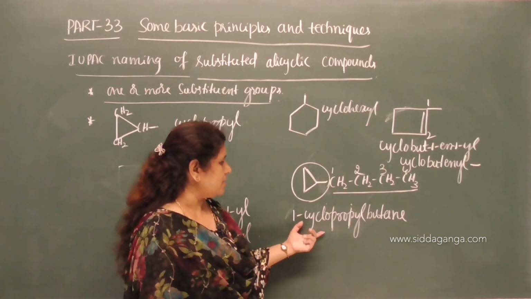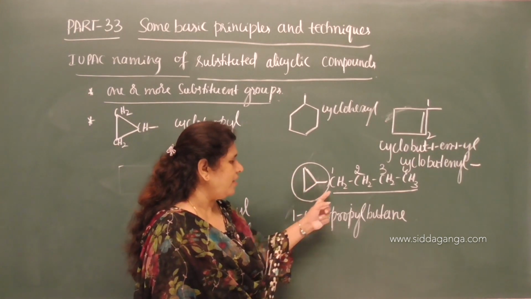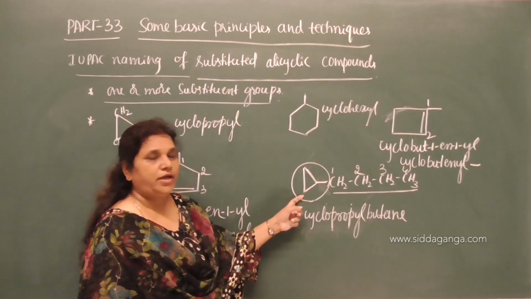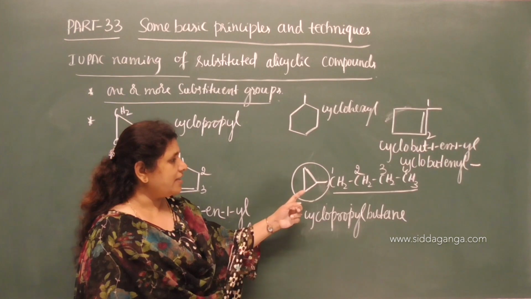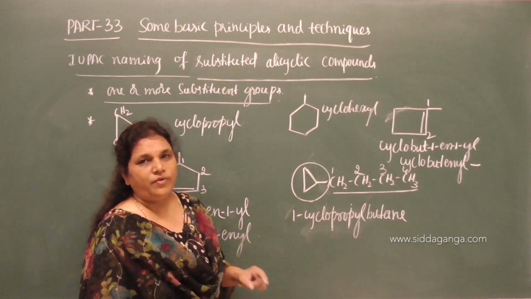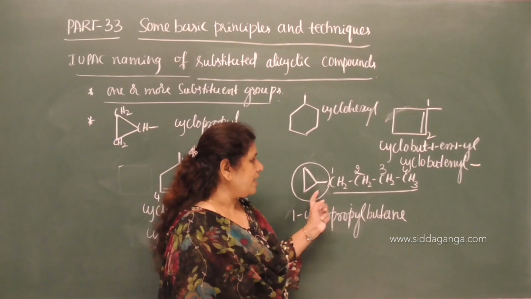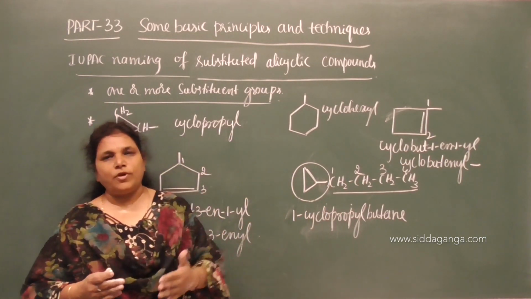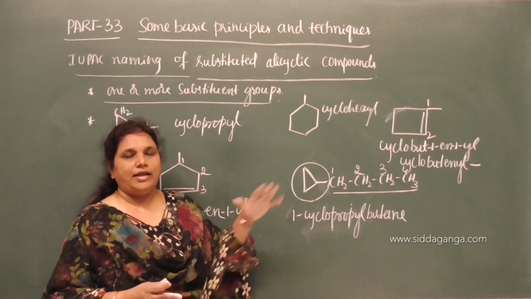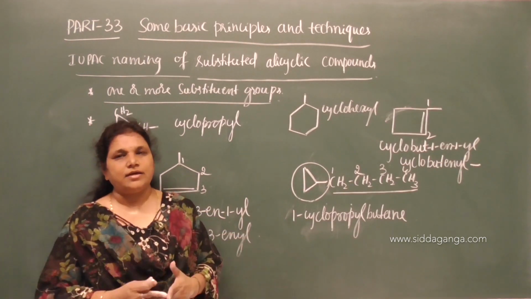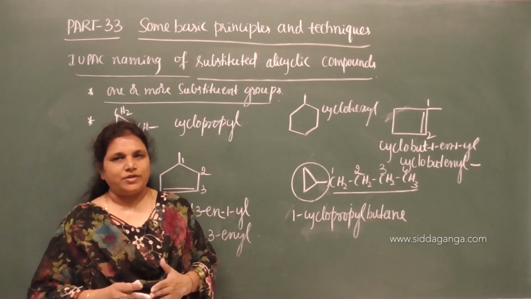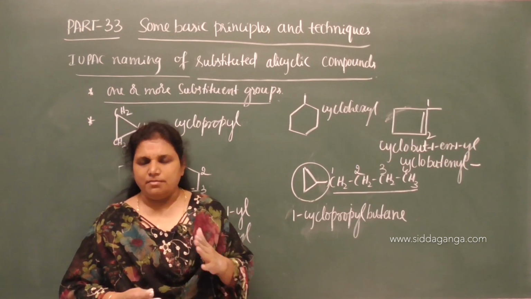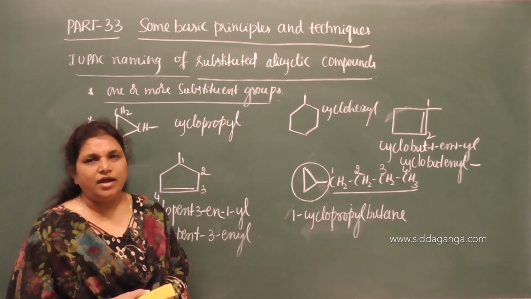So, 1-cyclopropylbutane is the IUPAC name of the alicyclic substituted alkane. We are naming it as an alicyclic substituted alkane because the alkane chain contains more carbon atoms than the alicyclic ring. Since the alicyclic ring has fewer carbon atoms, we treat it as a substituent group and number accordingly.